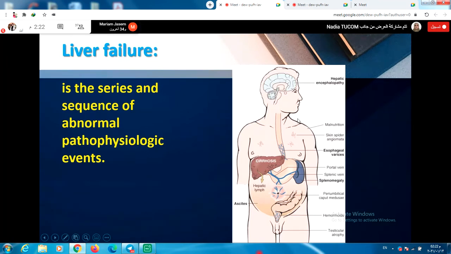Jaundice is also associated, related to decreased ability to metabolize and excrete bilirubin, with a resultant increase in the level of unconjugated bilirubin in the blood.